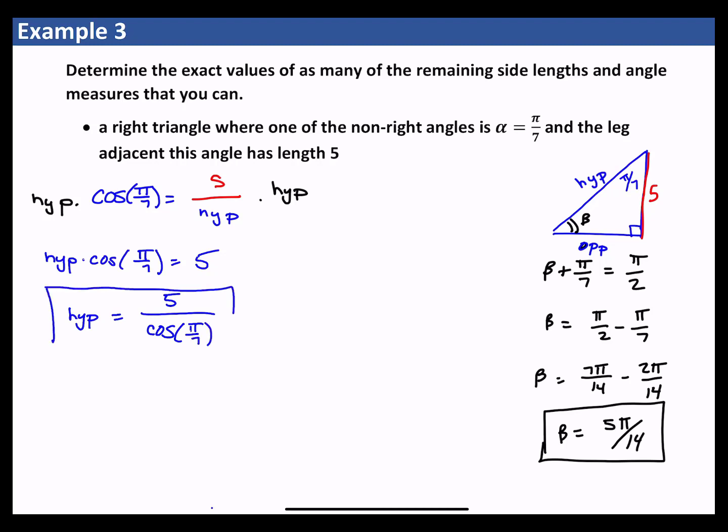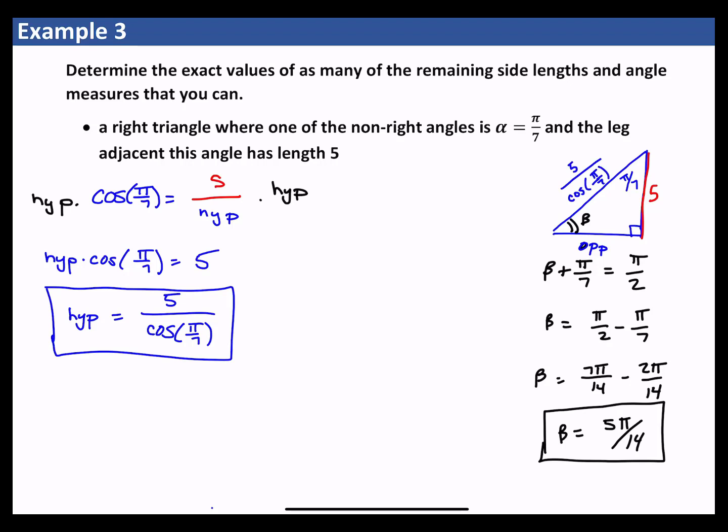So we now know that the hypotenuse is equal to 5 divided by the cosine of pi over 7. I think I can fit that in our picture, so I will make an attempt to do that. 5 divided by the cosine of pi over 7.